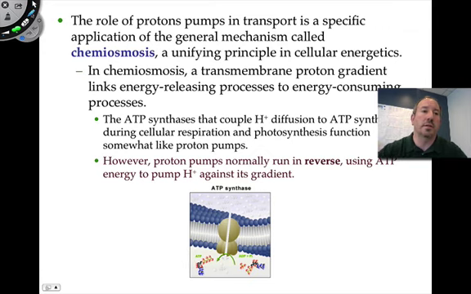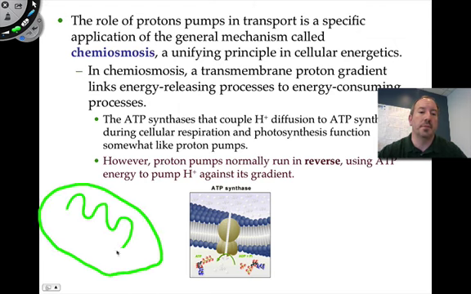Let me just briefly, without going too far, say that the mitochondria is capable of using the reduced coenzymes from the Krebs cycle, which occurs in the matrix, and it uses an electron transport chain to put protons out here, and then it uses this proton gradient to allow protons to move back in to make ATP in what's known as chemiosmosis.